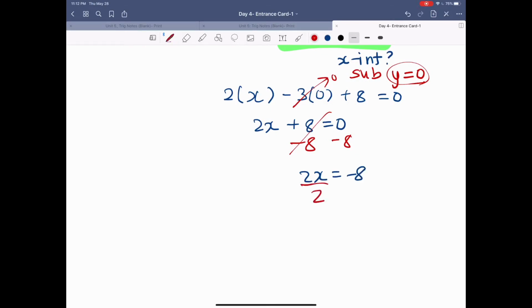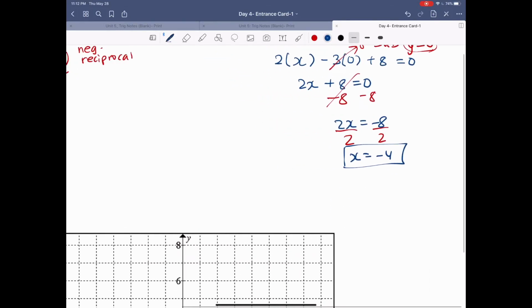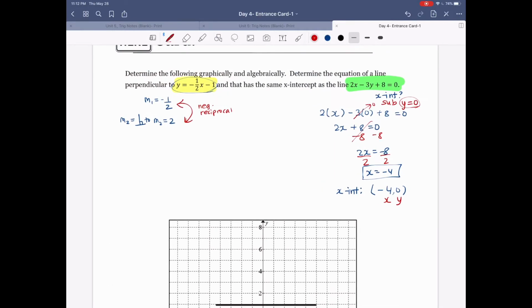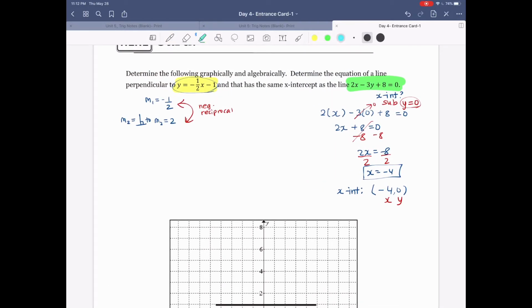I'm going to divide by 2 on both sides, and x is equal to -4. So that means my x-intercept is (-4, 0). I like to write this down as a coordinate when I do that. So my information is M2 is equal to 2, meaning the slope of my new line is equal to 2, and it has an x-intercept of (-4, 0).